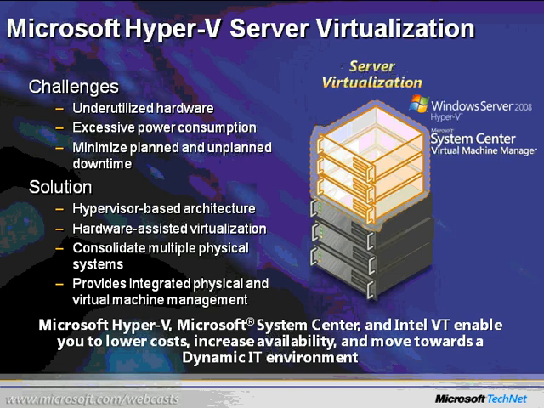It's so small, and it's been estimated to be somewhere in the neighborhood of 2 to 4% overhead on the platform. But take into account that we're able to now take advantage of 96% of the horsepower within our servers, instead of in the old days, as we said, that average in a non-virtualized environment being that 20 to 30% utilization. So we can use this approach to consolidate effectively multiple physical systems and provide integrated management for both the physical hosts as well as the virtual hosts.